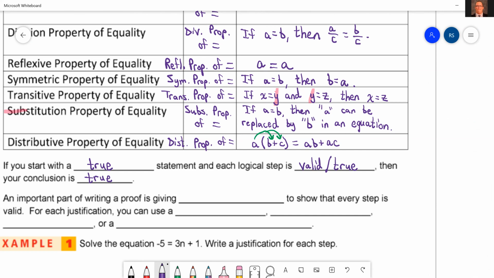Will they make it to the school? No, they'll be lost. So if you start with a true statement, and each step is true, then your conclusion is true. If anything in there is false, the whole thing's false.